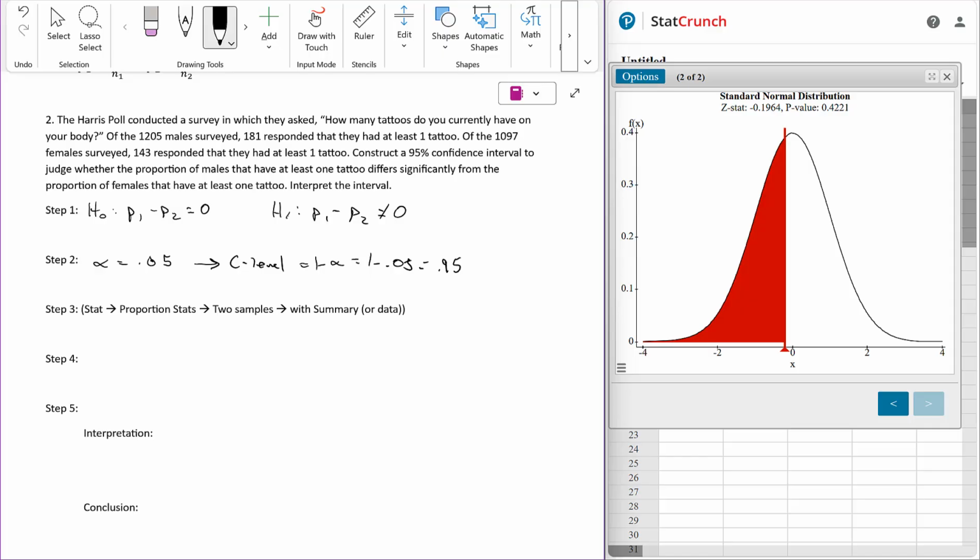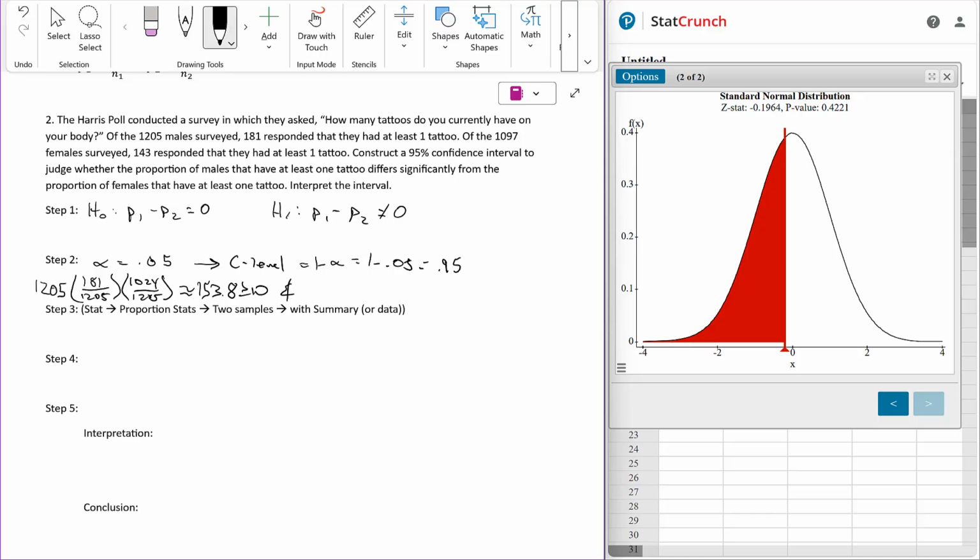All right, and then we can do our checks to make sure we've got enough successes and enough failures for each. So we have our n sub 1, the 1205, times 181 out of 1205, and that gave us 1024 out of 1205. When I multiplied all those together, I got about 153.8, greater than or equal to 10.